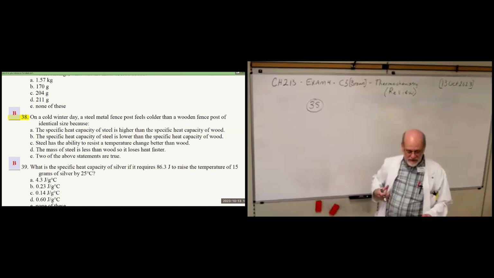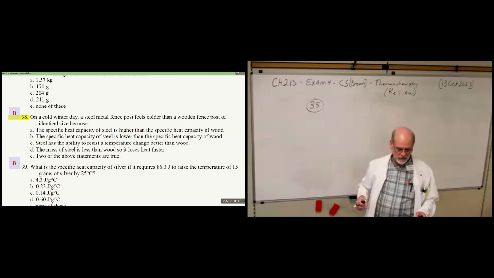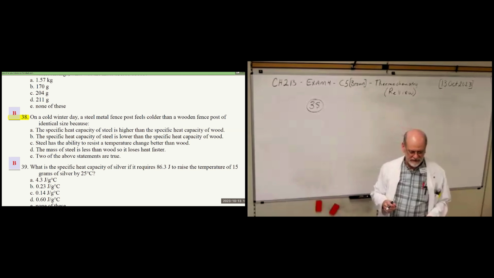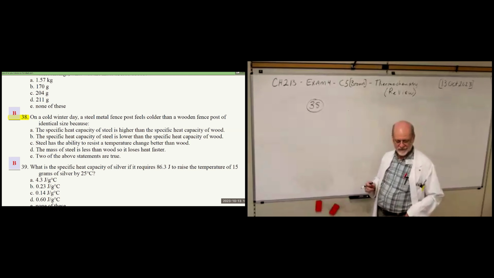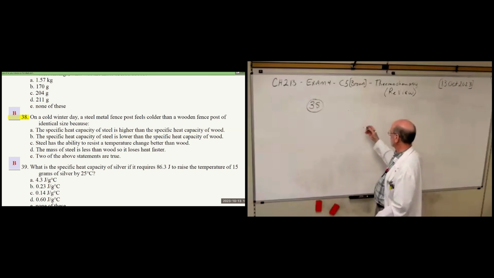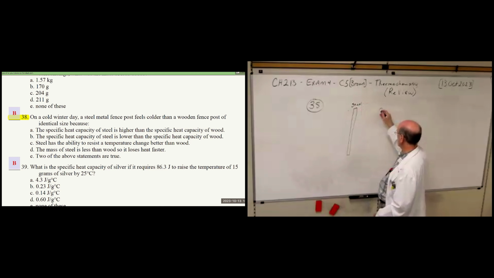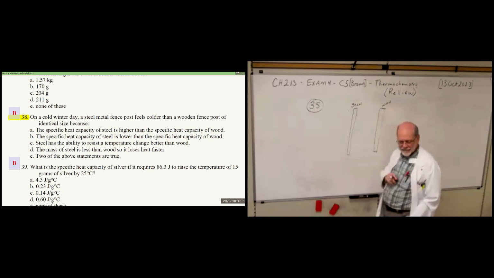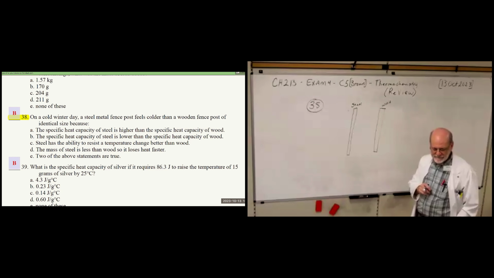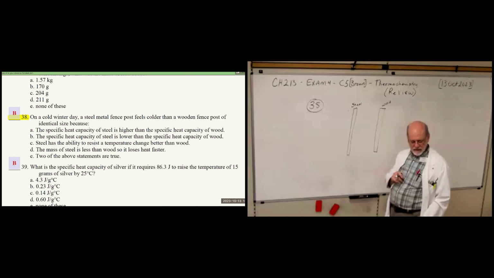On a cold winter's day, a steel metal fence post feels colder than a wooden fence post of identical size because... this calls for a picture. So this is our steel post. This is our wood post. And it's a cold day.